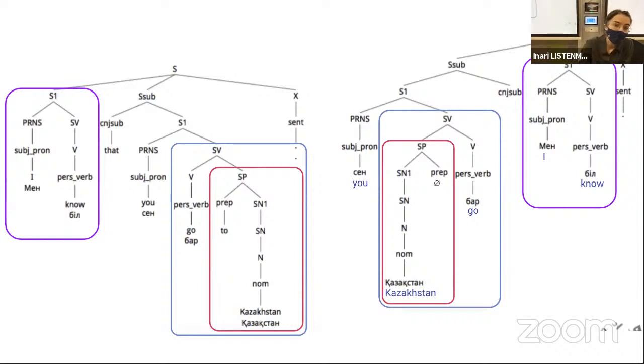And something like the preposition "to" in English is just not realized in Kazakh. You wouldn't just translate this word to word, and they are not doing this here either, because they are doing tree transformation. So this is one way of doing computational linguistics.